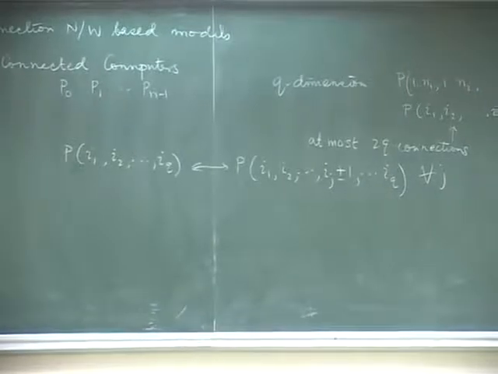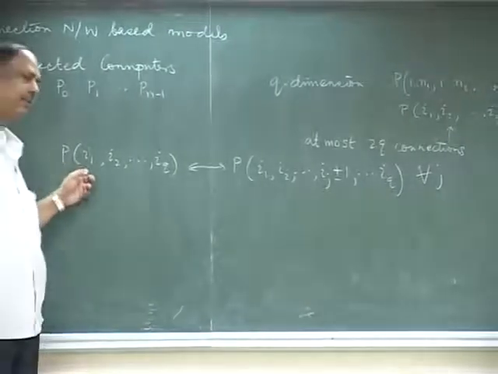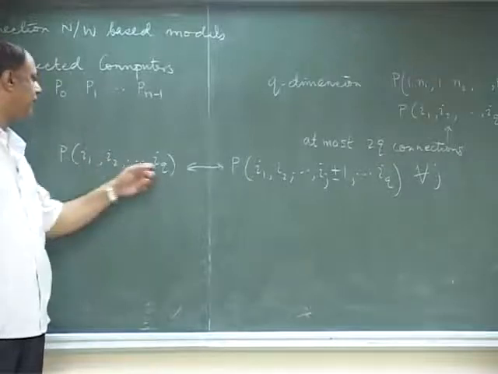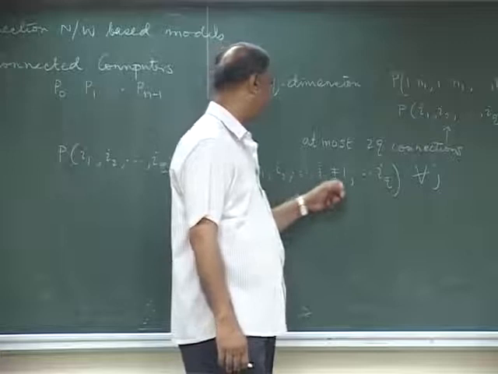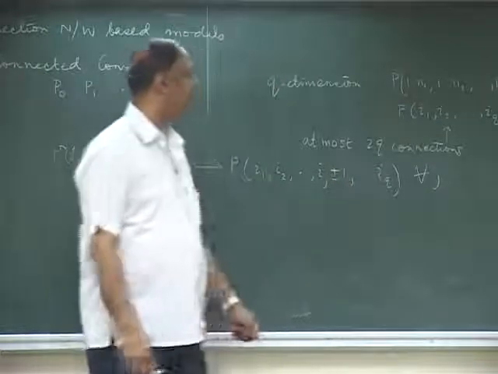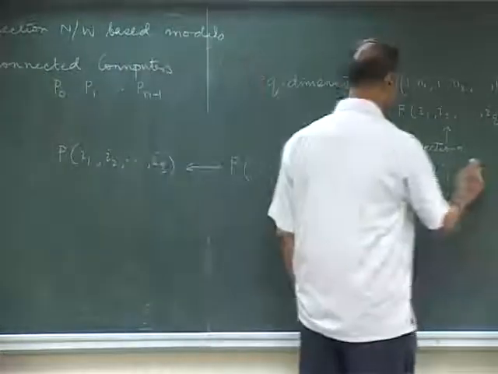So P(i1, i2, ..., iq), with this index, is the index of the processor, and it is connected with P(i1, i2, ..., ij plus minus 1, ..., iq), provided they exist.